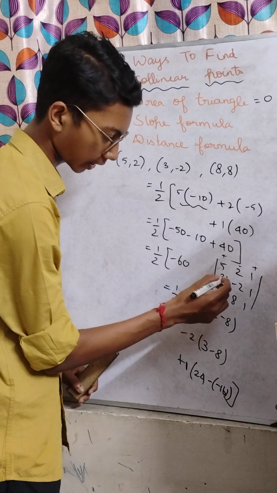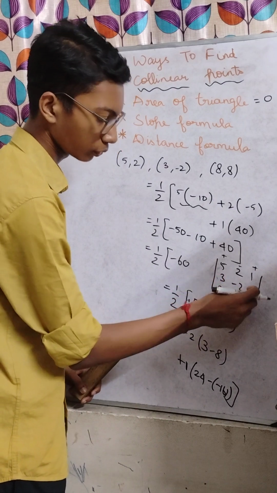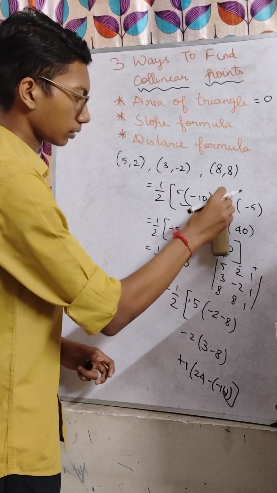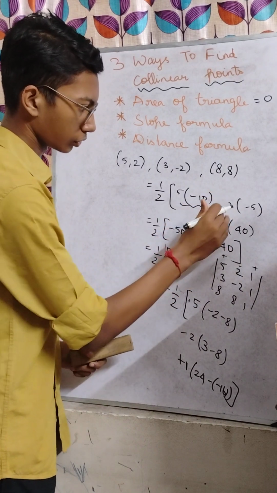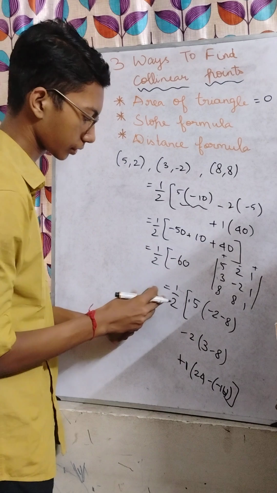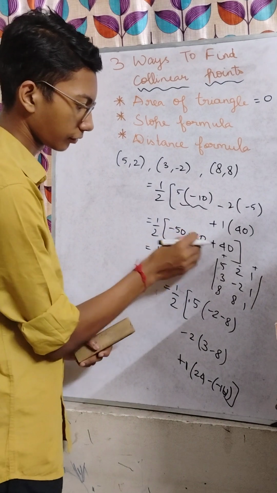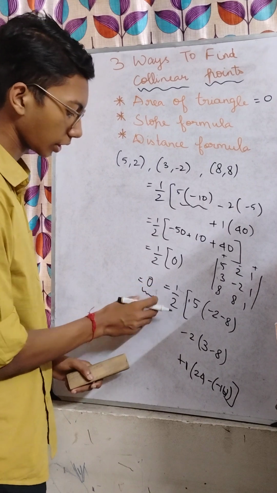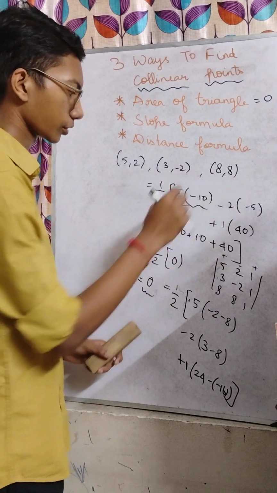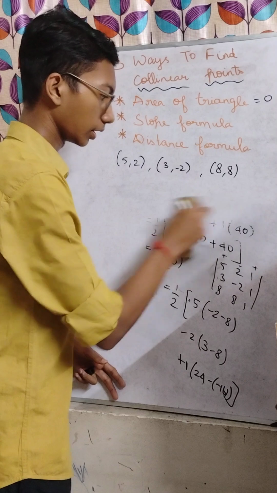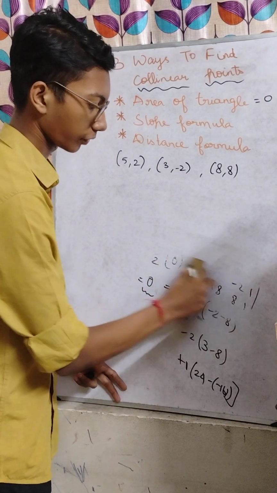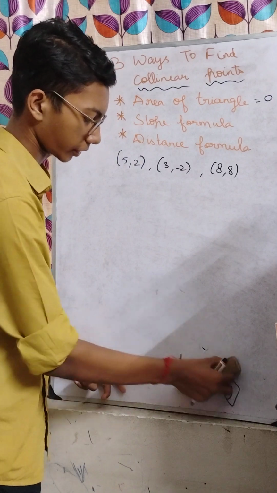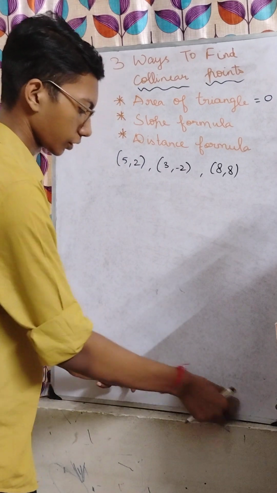So that's the alternating form. I have missed one minus here, so minus of minus gives plus. So we actually have minus 50 plus 50 gives 0. Since the area of triangle is 0, these 3 points are collinear. So that's the first method: just find the area of a triangle, and if it becomes 0, then the points are collinear.